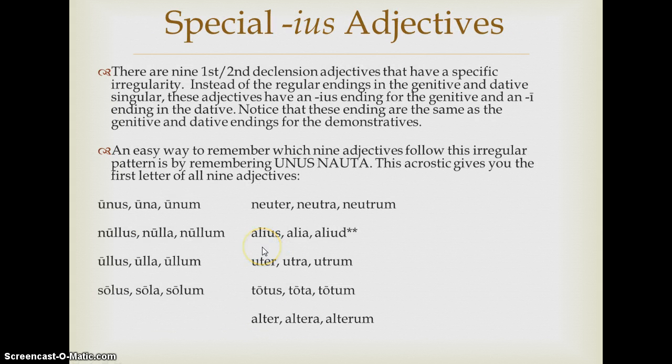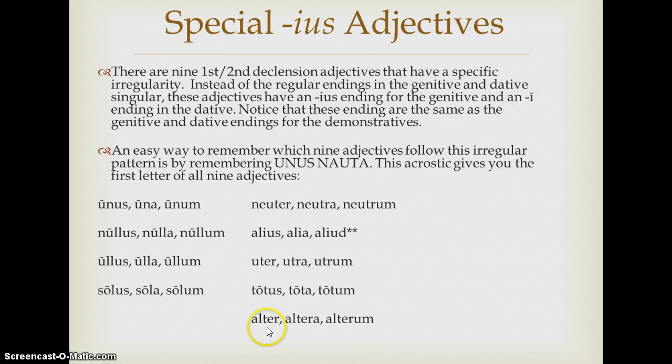The last thing we have to talk about are the special IUS adjectives. There are 9 of these adjectives, okay, 9 special IUS adjectives, and they are special because they are first, second declension adjectives, but they have an irregular ending in the genitive and the dative singular. Just like the demonstrative pronouns, they have an IUS ending in the genitive and a long I ending in the dative.